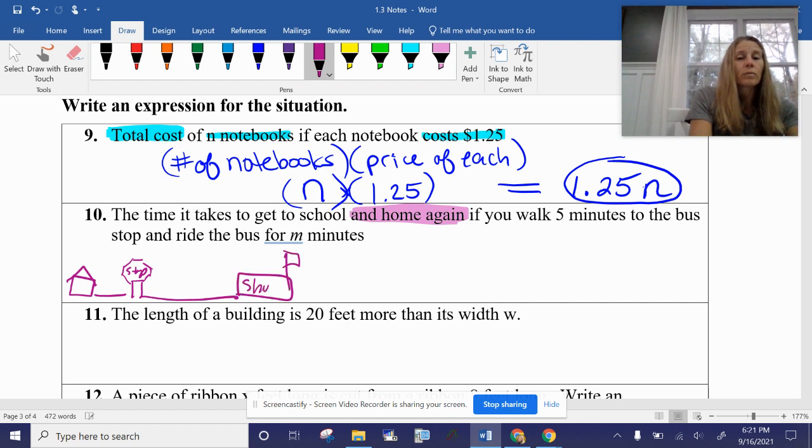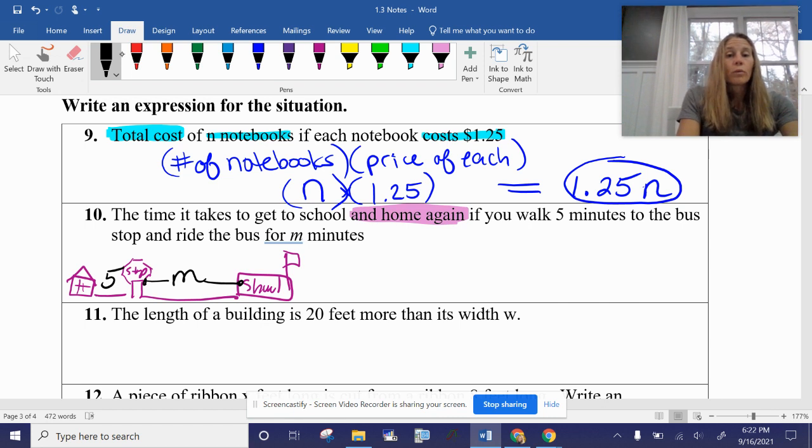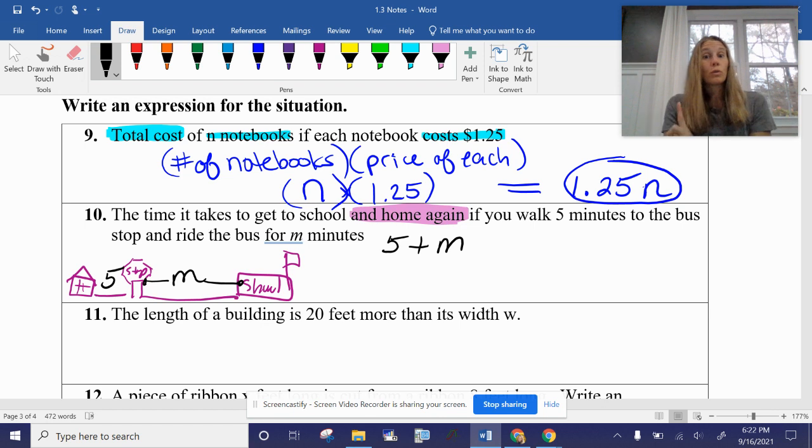All right, there's school. This is home. So we know it's going to take us 5 minutes to walk from home to the bus stop. And then it's going to take us m minutes from the bus stop to school. So 5 plus m gets us to school.